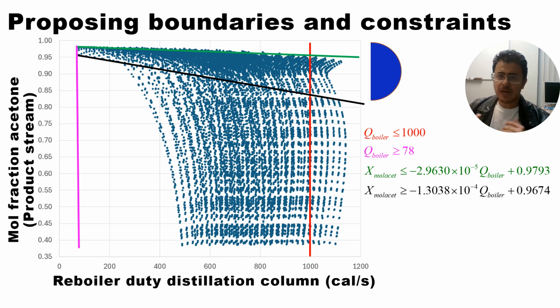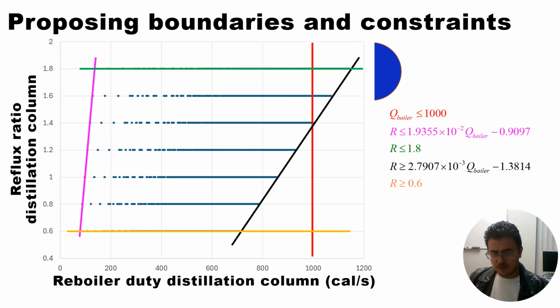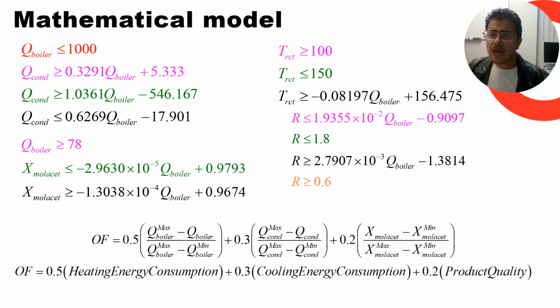In this case, maybe the region with mole fraction of acetone lower than 85 is not important, and for that reason this region is eliminated, and only this region is obtained by the proposed constraint. This is another example for another feasible region.